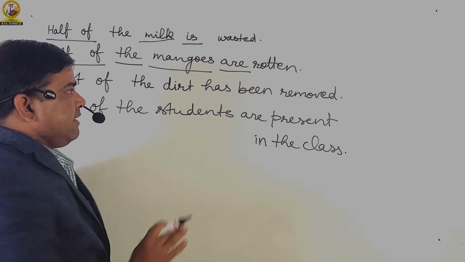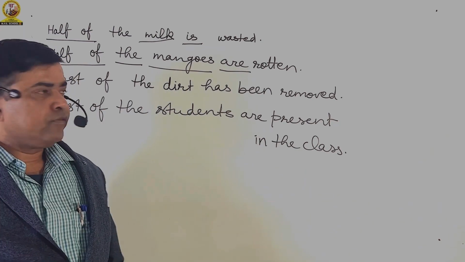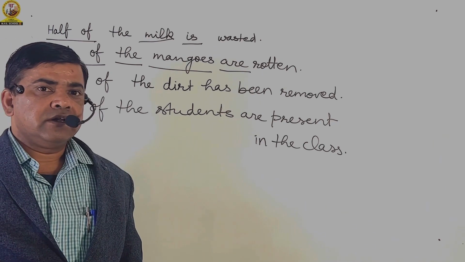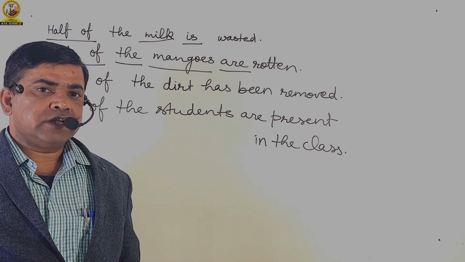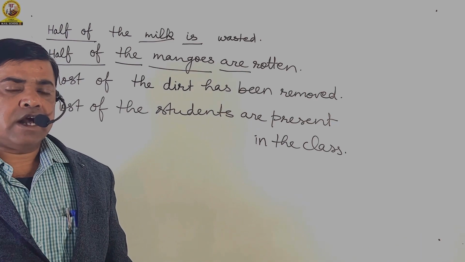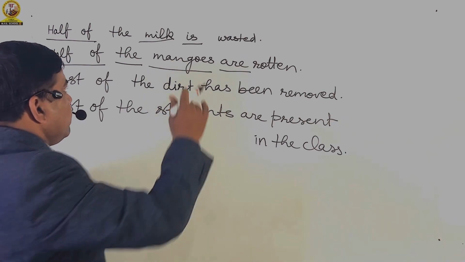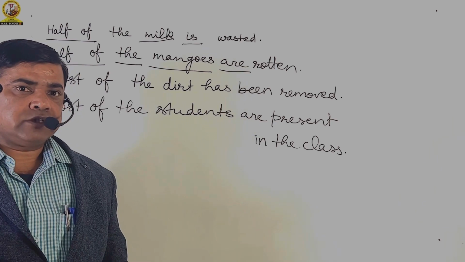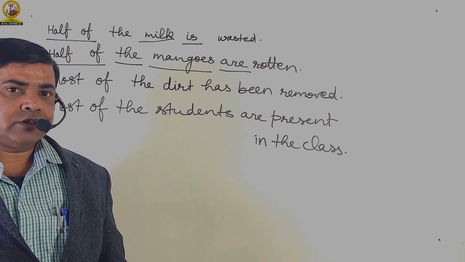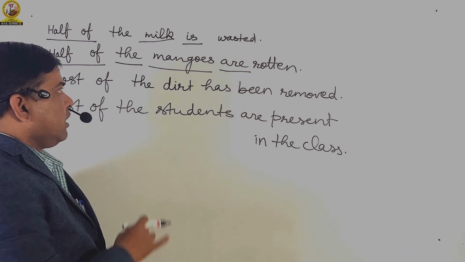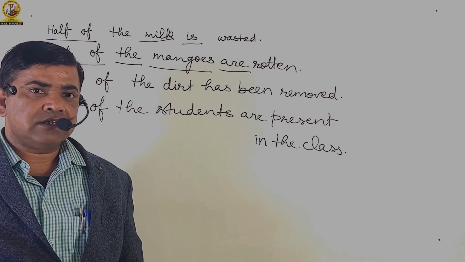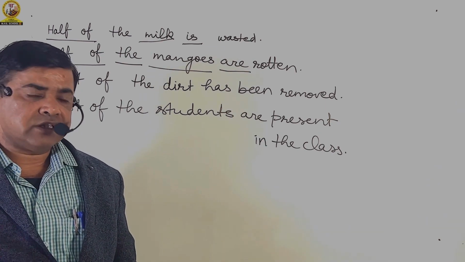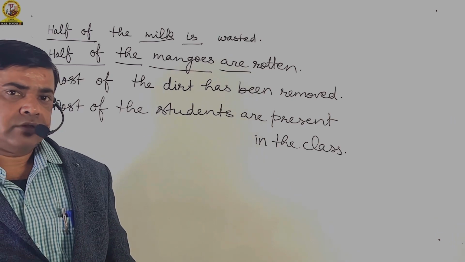So we are seeing here that in some sentence we have used is and in some sentence we have used are. When a material noun is used in such a sentence, we use is, and when a plural countable noun, that is a common noun, is used in such a sentence, we use are.